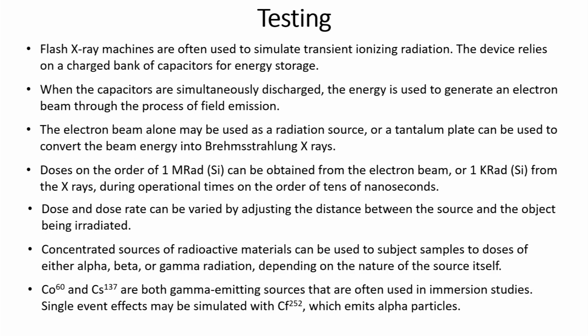So, these heavy elements like cobalt and cesium are used for gamma ray immersion studies, to irradiate the material under test with this type of radiation.